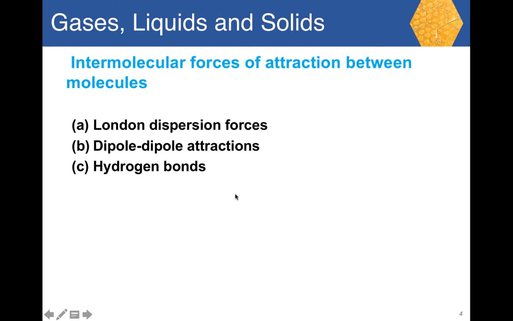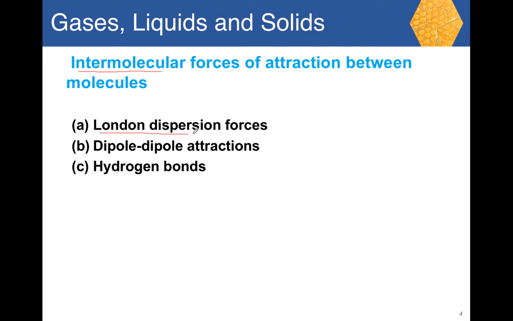So what we'll do here is define the intermolecular attractions and look at the types. Intermolecular attractions are the attractions that exist between two molecules, or molecules in general. The different types that we'll discuss here are three.